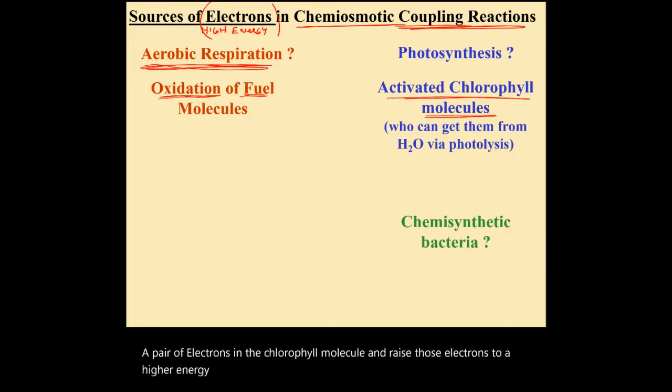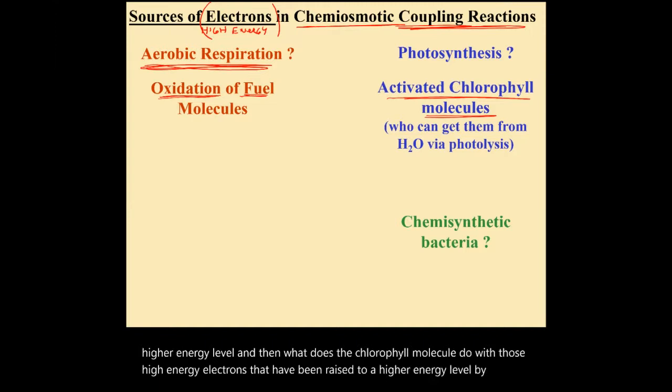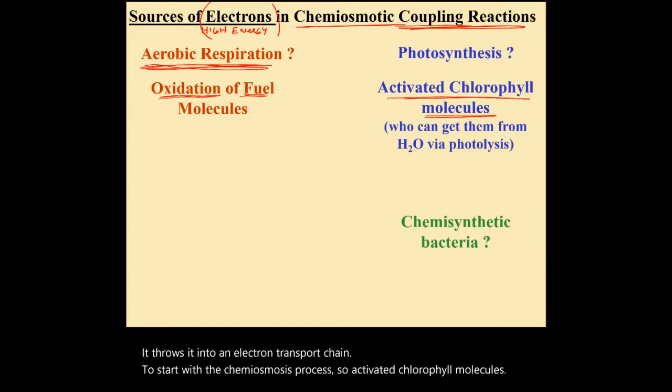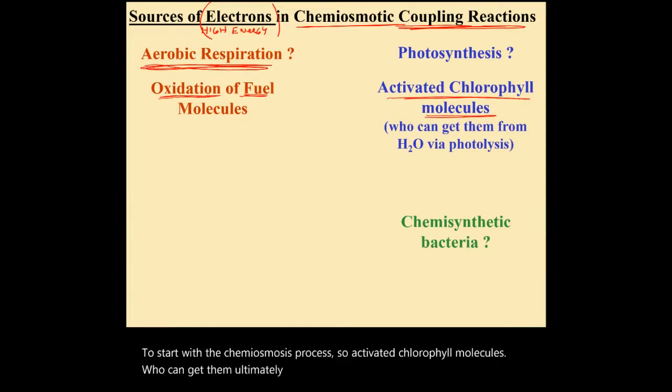And then the chlorophyll molecule throws those high energy electrons into an electron transport chain to start off the chemiosmosis process. So activated chlorophyll molecules ultimately get their electrons from water. In other words, if I was the chlorophyll molecule here, so this is chlorophyll.